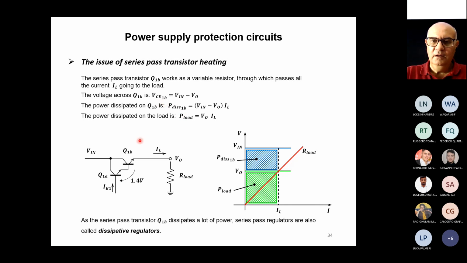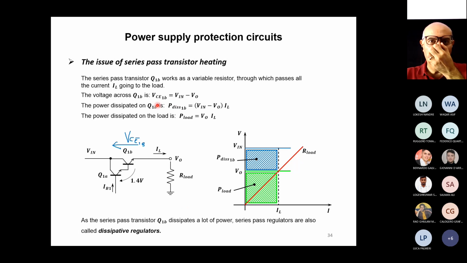I can express this VCE in this way. It's very complicated, right? Okay. So the input voltage is given by the sum of VCE of this transistor plus the output voltage.